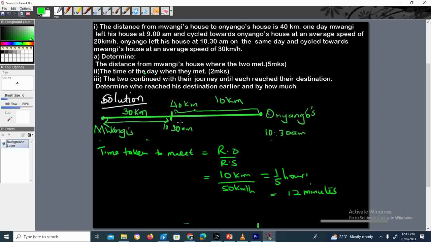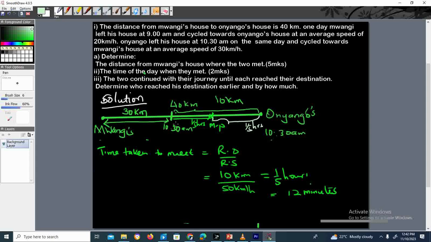And now because it took 12 minutes or a fifth of an hour to meet, that means he traveled for another 1/5 hours to the meeting point, while Onyango also traveled the same period of time to the meeting point.